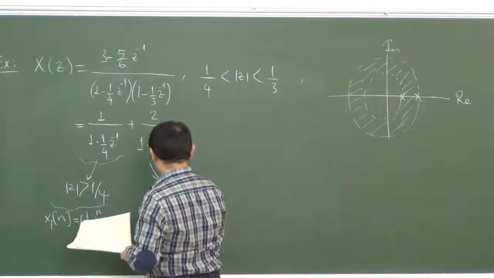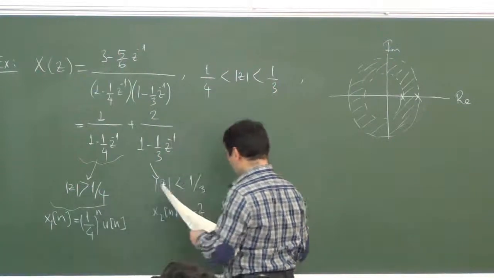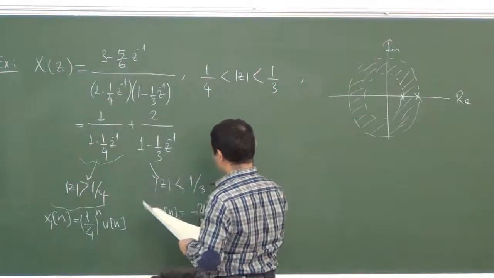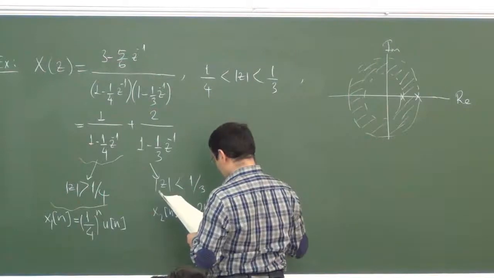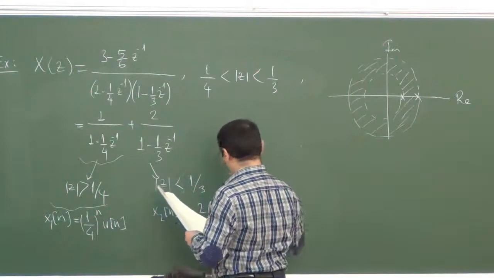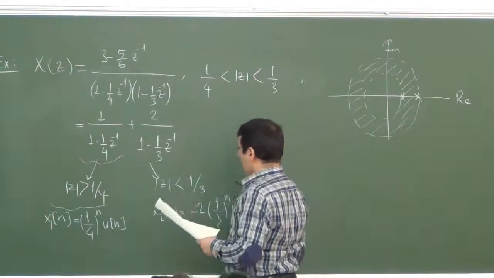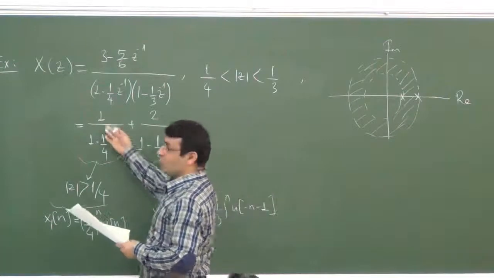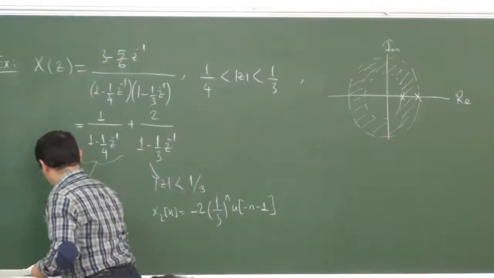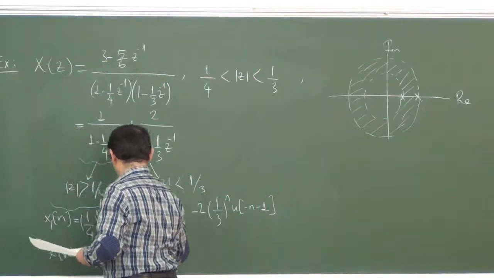So in this case, this is, let's say, x2[n]. It is minus 2 times, a minus term will come since this is a left-sided sequence, (1/3) to the n, u[-n-1]. So what is the inverse transform of this expression? It is the summation of x1[n] plus x2[n].